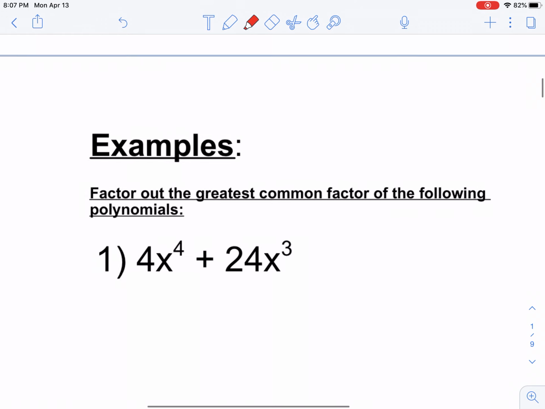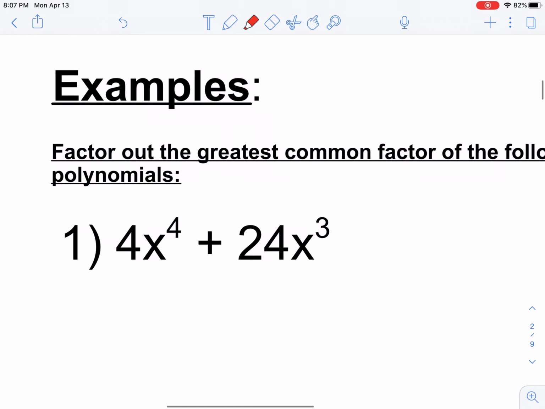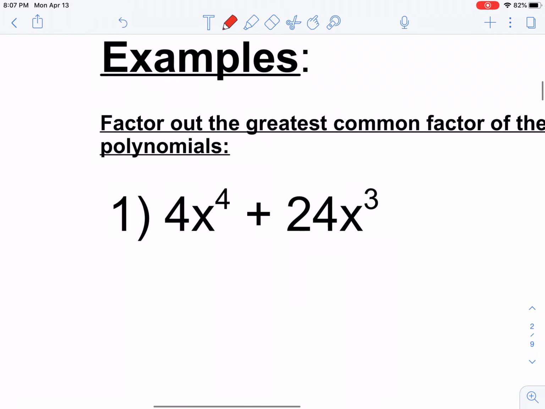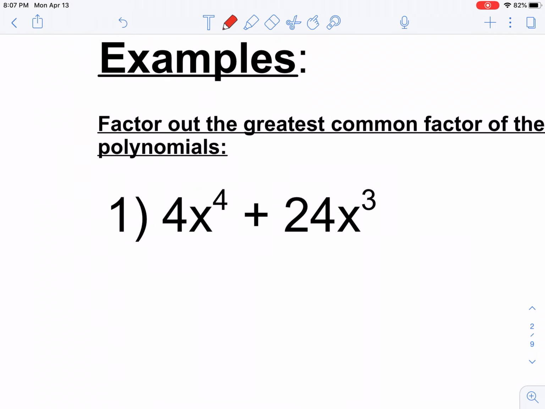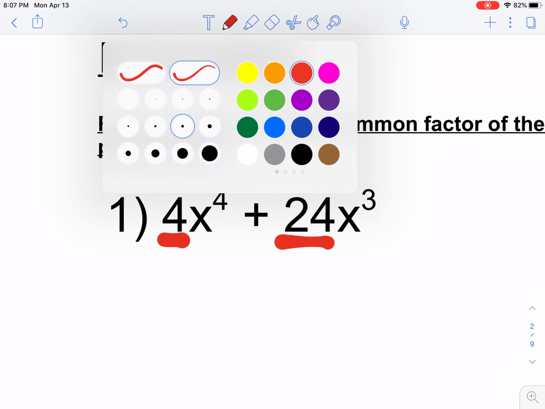So when we do these examples and it tells us to factor out the greatest common factor, you have to come up with the GCF of the numbers 4 and 24, okay? So, in other words, what number is the greatest number that goes into both of those?